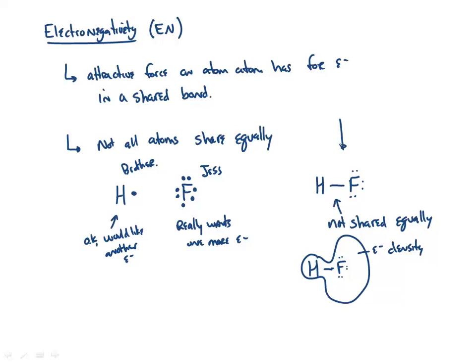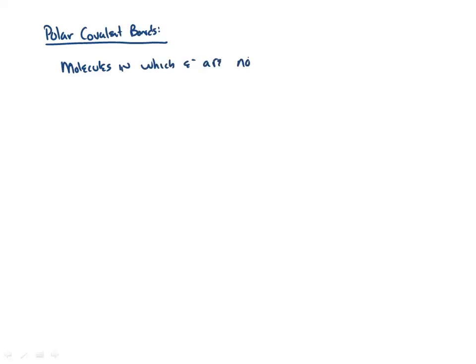And that actually kind of leads into our next idea, that we can talk about what are called polar covalent bonds. These are simply atoms or molecules in which the electrons are not shared equally.